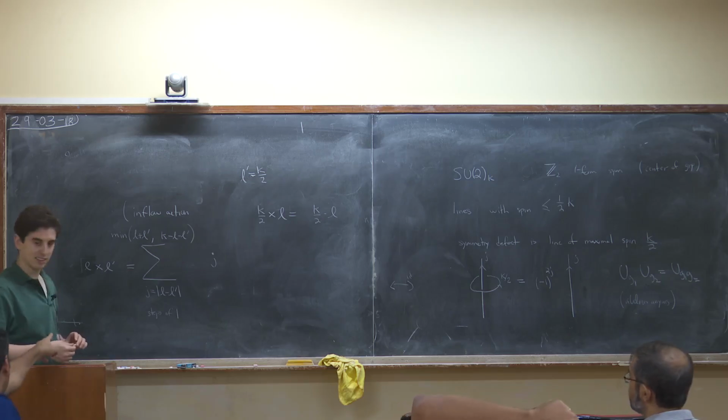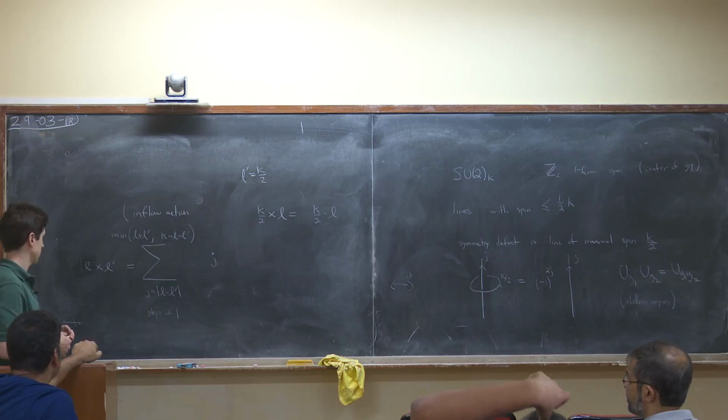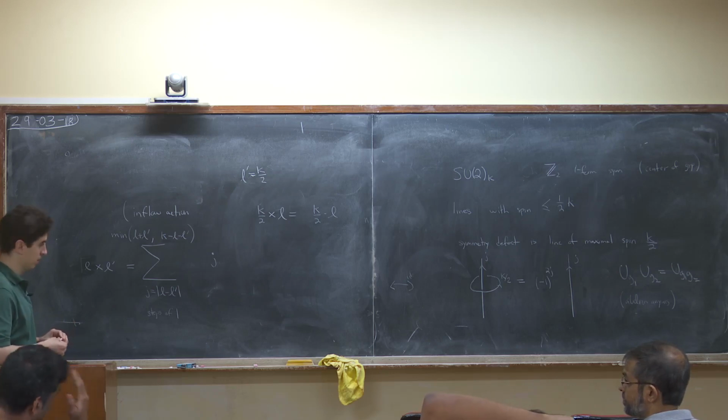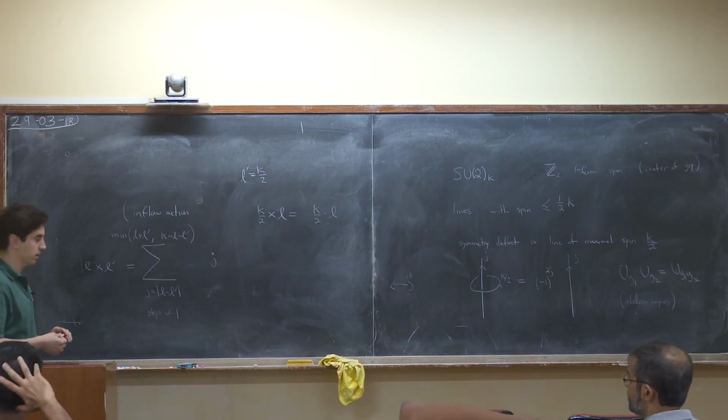In SU2, you always get either one representation or 0. When do I get 0 representation? Oh, sorry, I'm saying the 3-point function. You could get many.